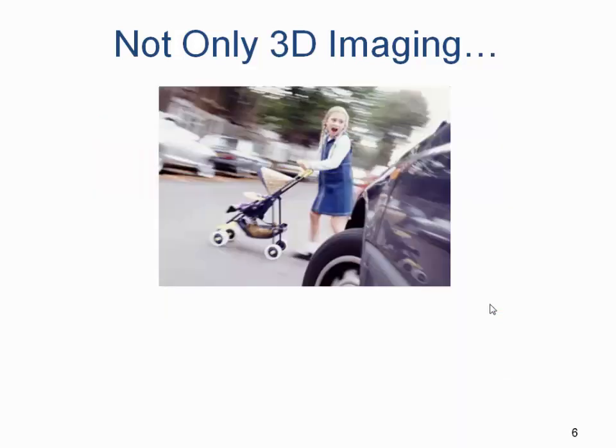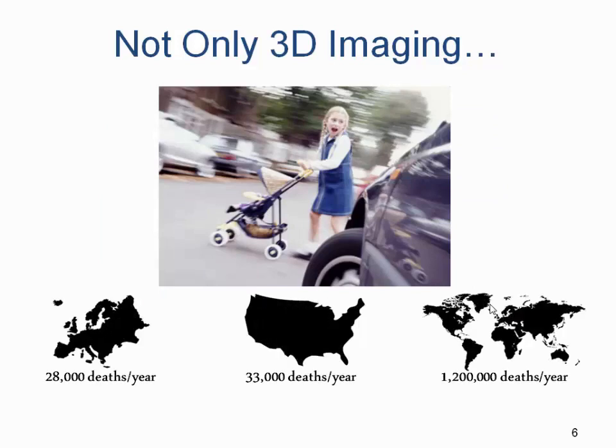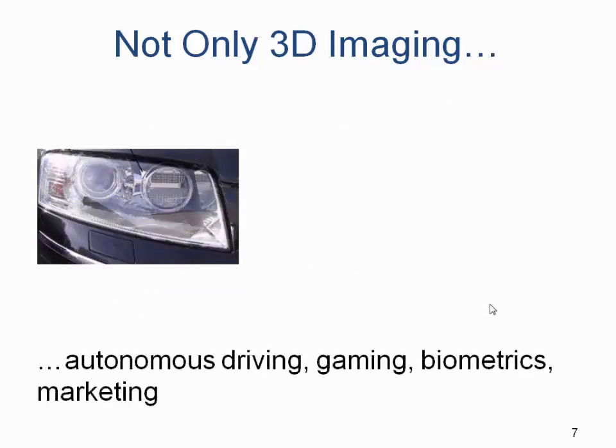Of course, there's not only 3D imaging and proximity of interest, but also potentially the avoidance of collisions, not only with other cars, but potentially with people, with young people particularly. And as you may know, there are 1.2 million deaths due to collisions between cars and people every year. So this is a technology that could be used for this type of application.